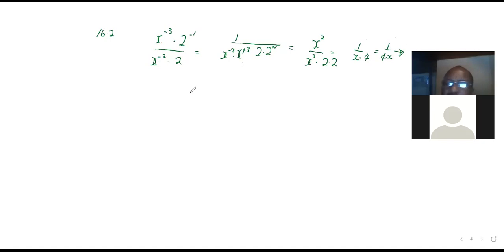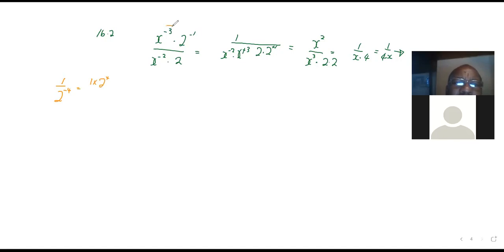So here we go. Look at this one here. If I write 1 into 2 to the power minus 4, if I take it up, it's going to be 1 times 2 to the power 4. If I take it down, change the sign.